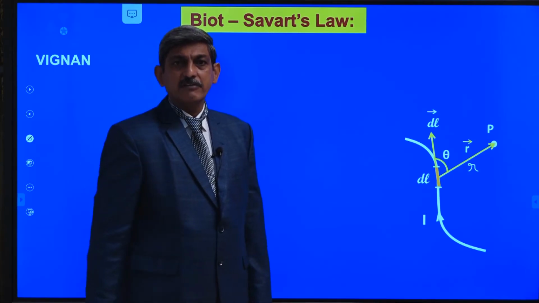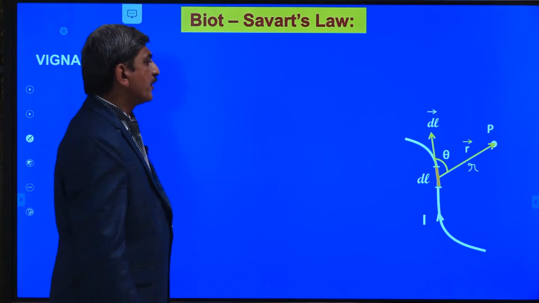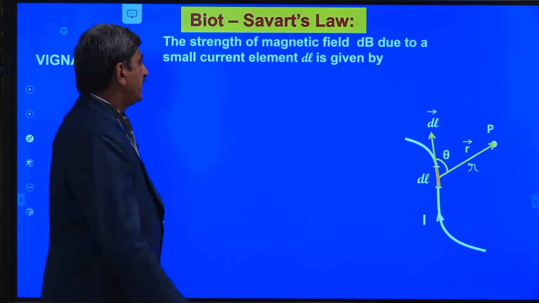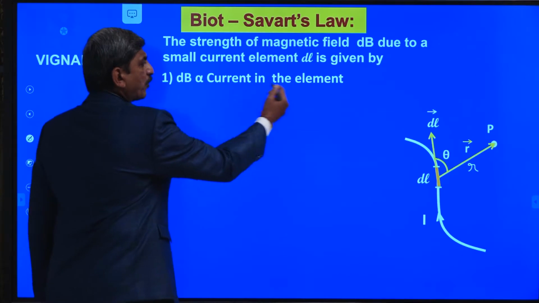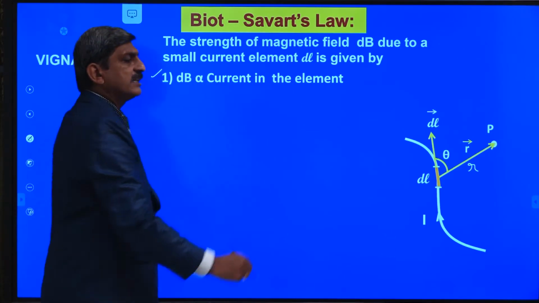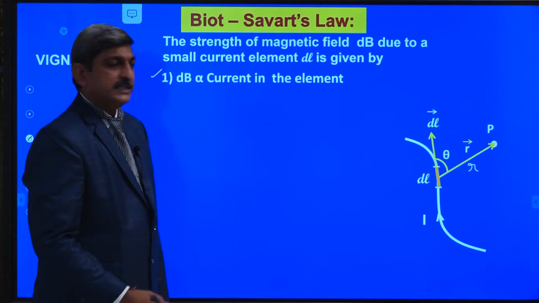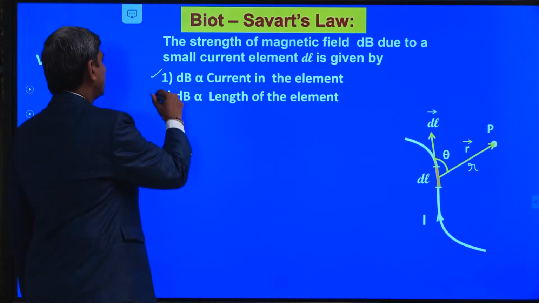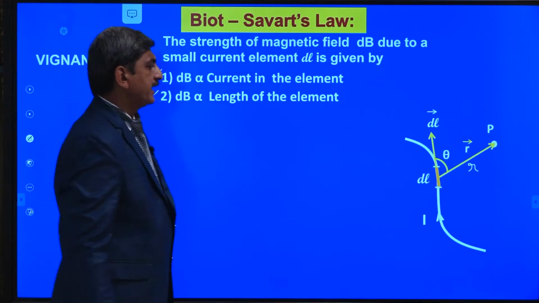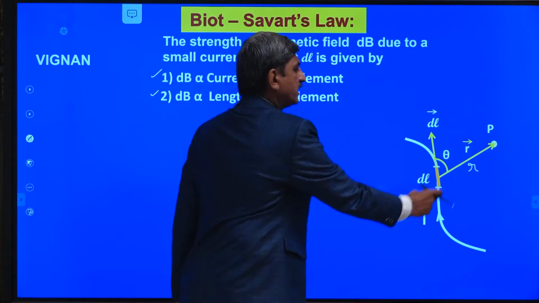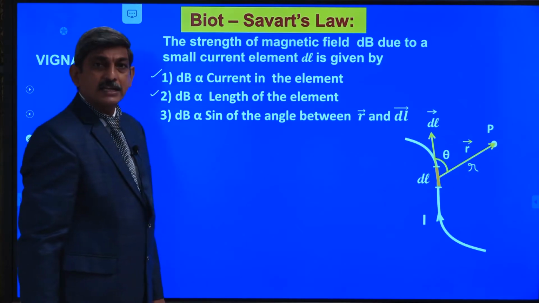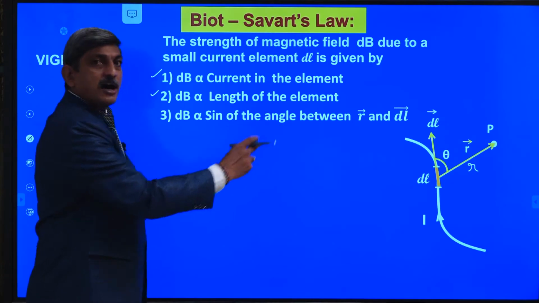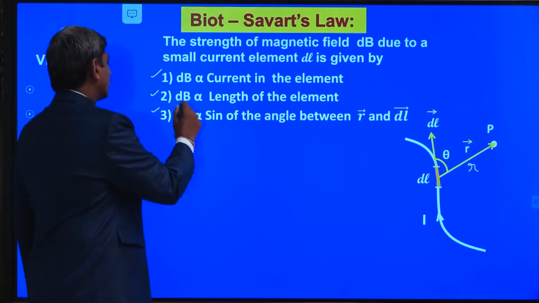According to the Biot-Savart's law, the magnetic field produced by the small element dB is directly proportional to the current in the element. It is directly proportional to the length of the element dl. It is also directly proportional to the sine of the angle theta between r bar and dl bar.